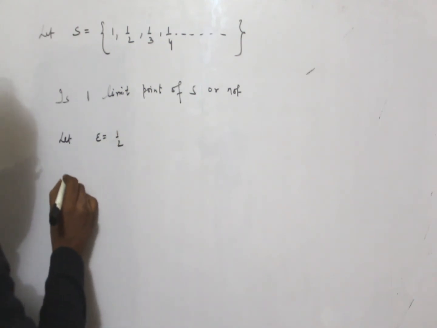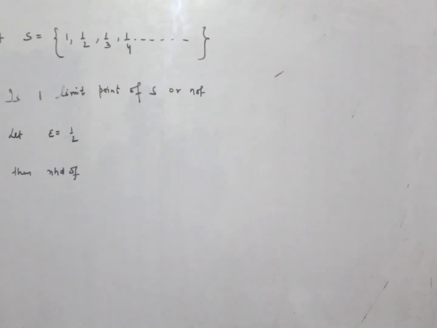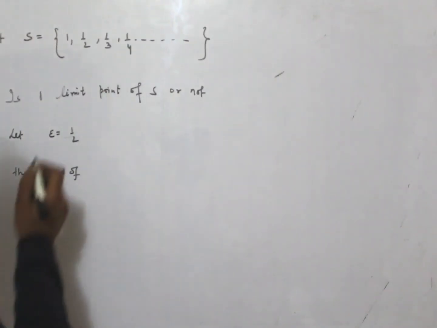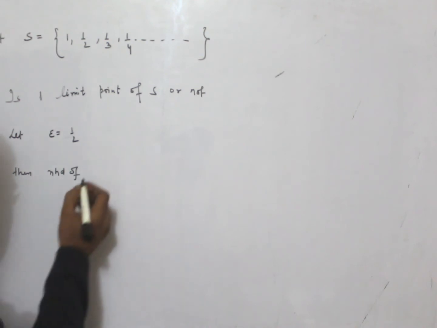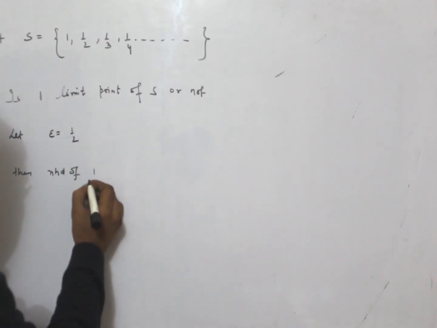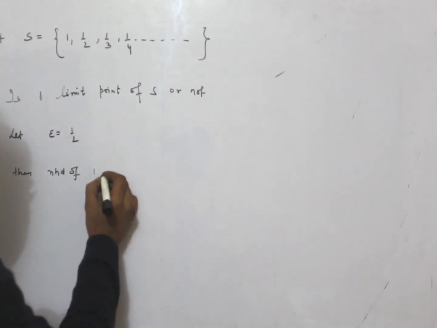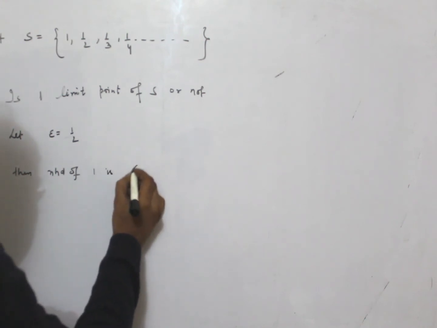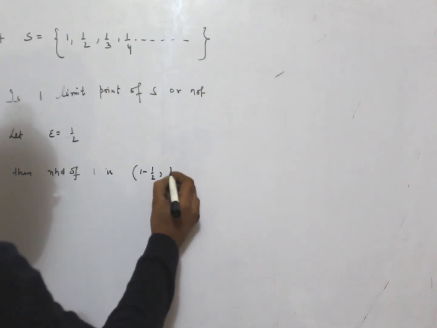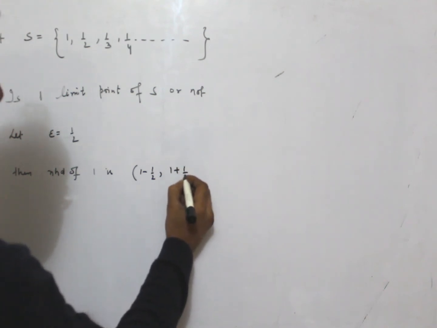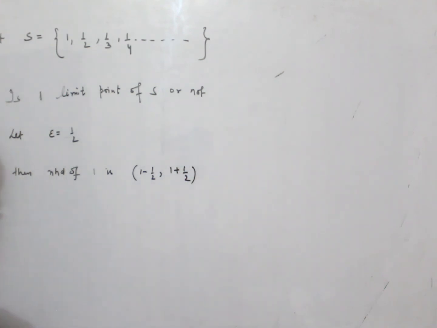Then the neighborhood of 1 is 1 minus 1 by 2, 1 plus 1 by 2.